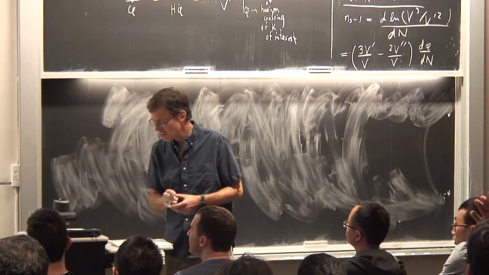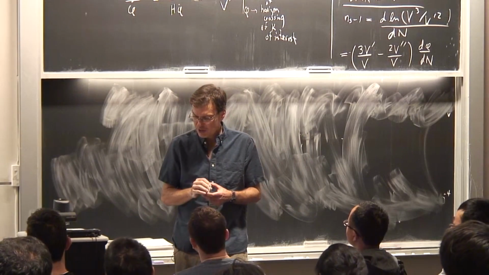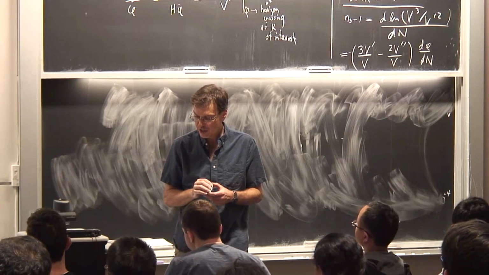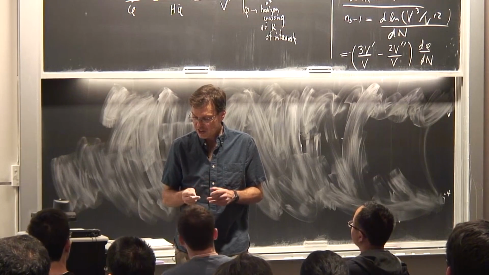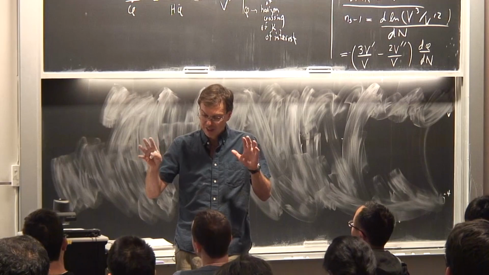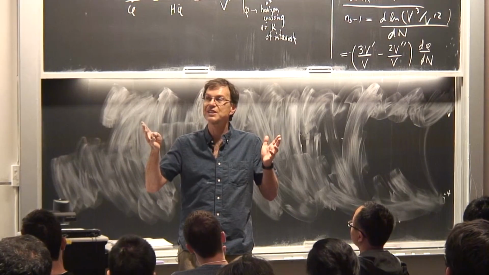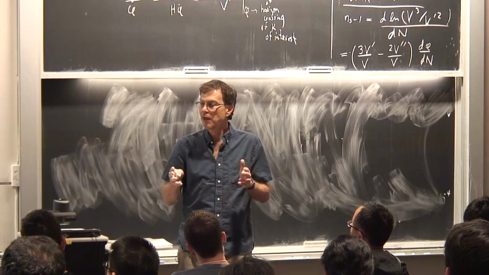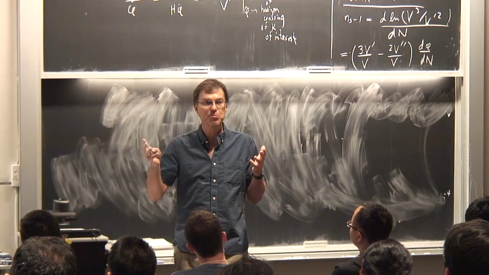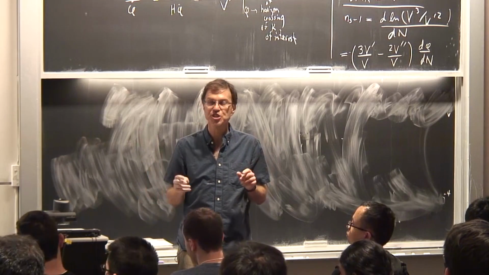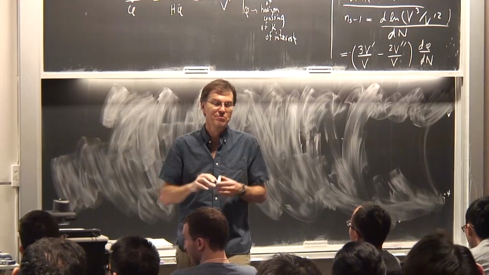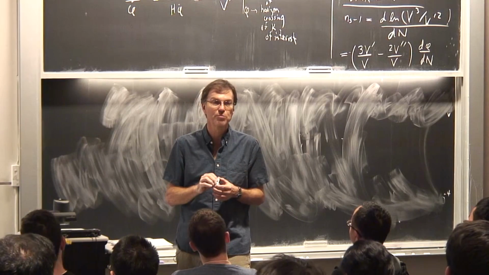Well, it's a bit historical, but Andrei Linde's picture of the origin of inflation was that the universe started out in a so-called chaotic state, maybe a thermal state at the Planck scale with fluctuations, and highly non-uniform.